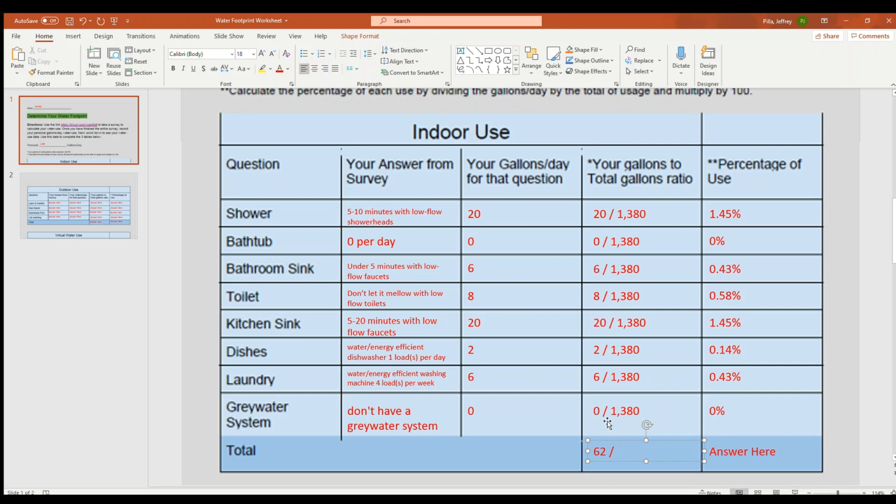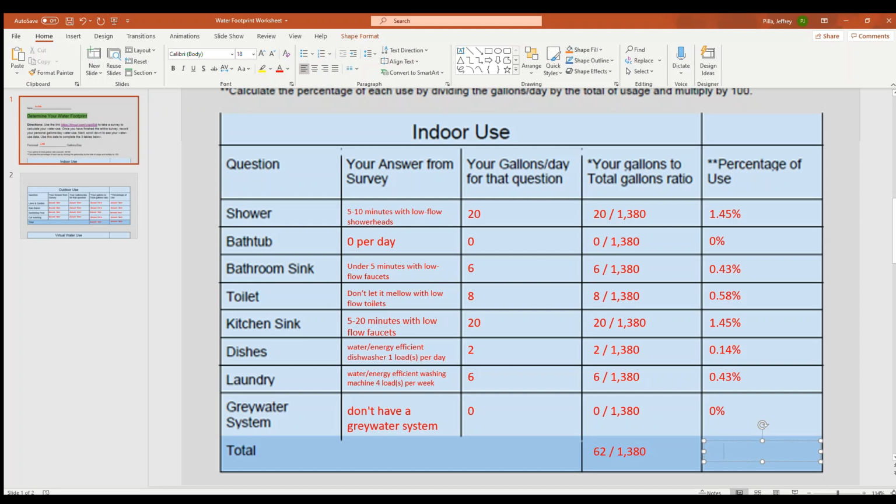We're going to make that a ratio compared to my total use of all water, right? That 1,380 number. You're not adding up these numbers on the right-hand side. You're leaving that as is, your total water use, okay? So this ratio represents your total indoor water use to your total water use, okay?